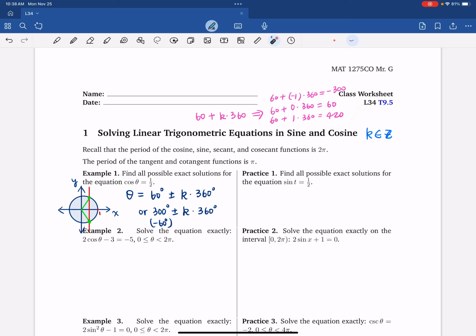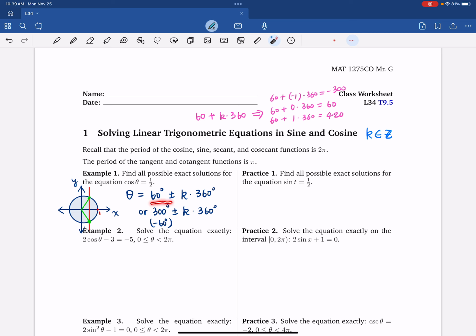This is because the period of cosine is 2 pi. You could just imagine the same angle, with the terminal side rotating another 360 degrees counterclockwise or clockwise. It will land on the same terminal side. So all these angles are equivalent, and all these angle measures are the solutions.